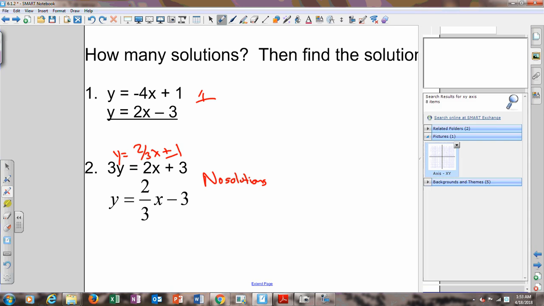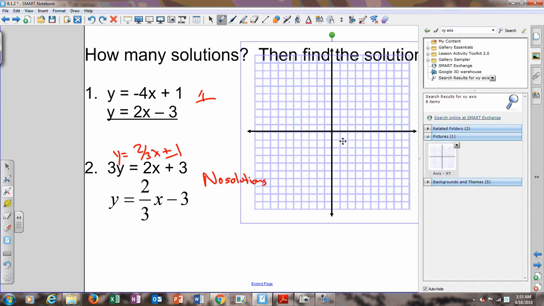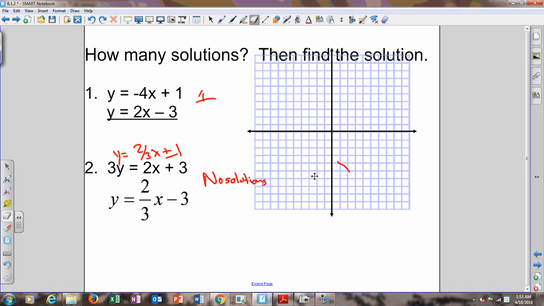Up here, negative 4x plus 1, I go up 1, and I go down 4. 1, 2, 3, 4, over 1. Here I go down 3, I go up 2, right 1.